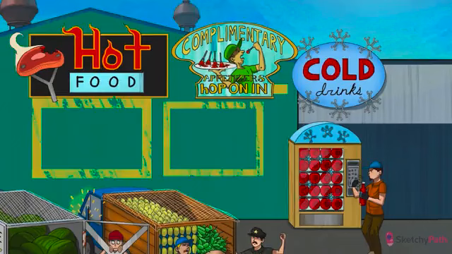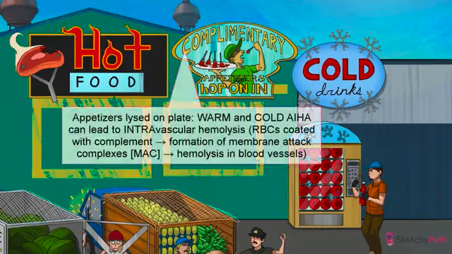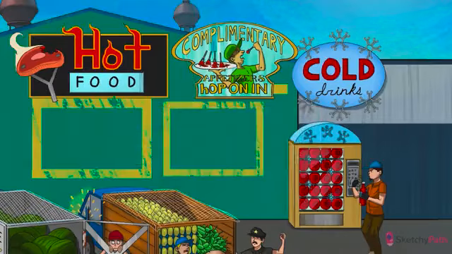Pay attention to those lysed tomatoes on the plate as well. RBCs that are more extensively coated with complement proteins, including C5 through C9, form membrane attack complexes. The MAC complex creates a pore in the RBC membrane, causing osmotic lysis of red blood cells right in circulation. So, in some cases, expect intravascular hemolysis, which manifests as hemoglobinemia and hemoglobinuria, elevated LDH, and decreased haptoglobin levels.